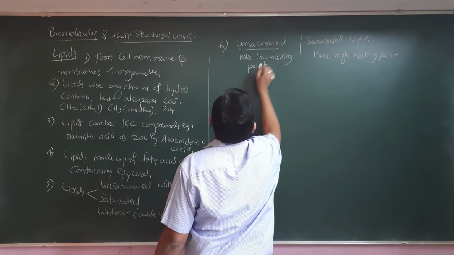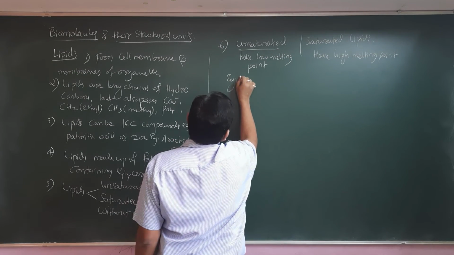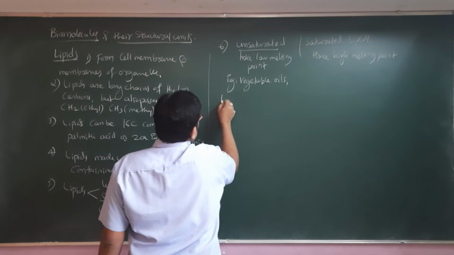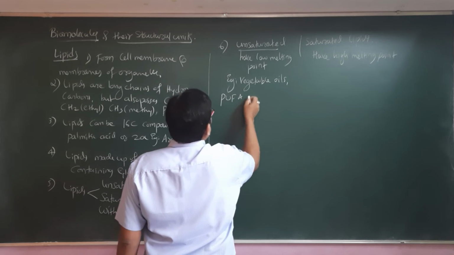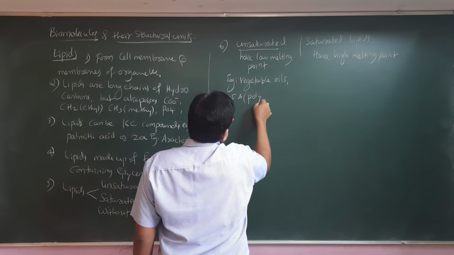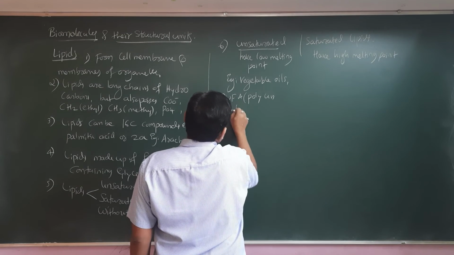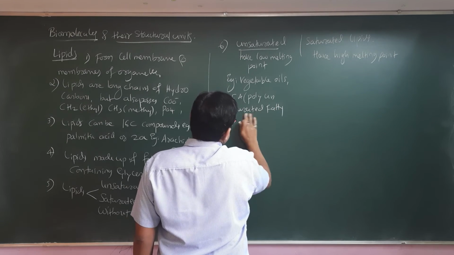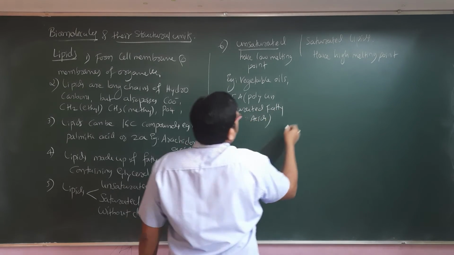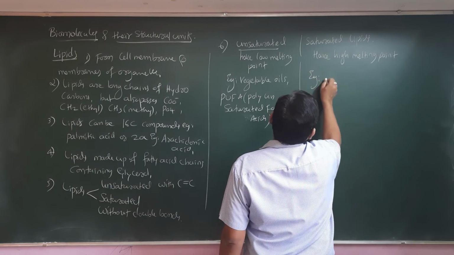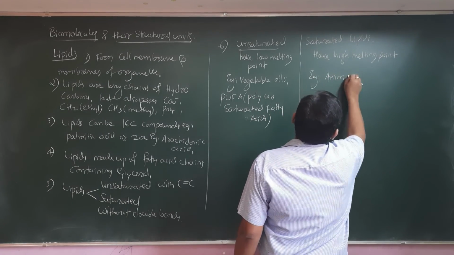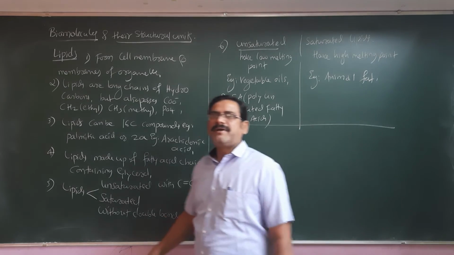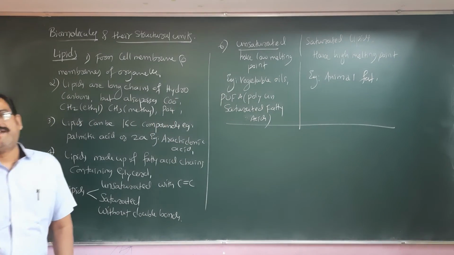Example for unsaturated: vegetable oils, and then we say PUFA, polyunsaturated fatty acids. For saturated, the example is animal fat. So unsaturated fatty acids are better than the saturated fatty acids.